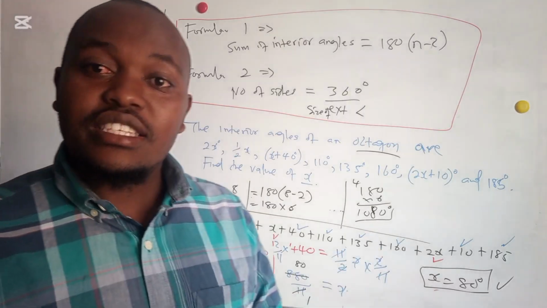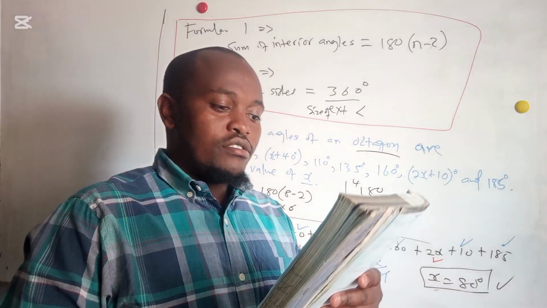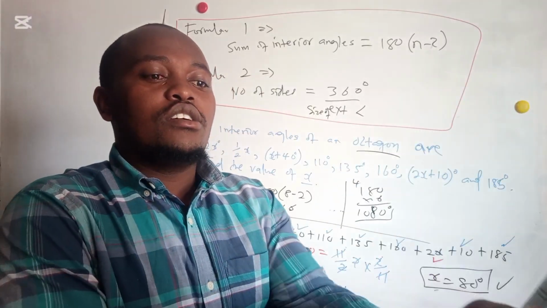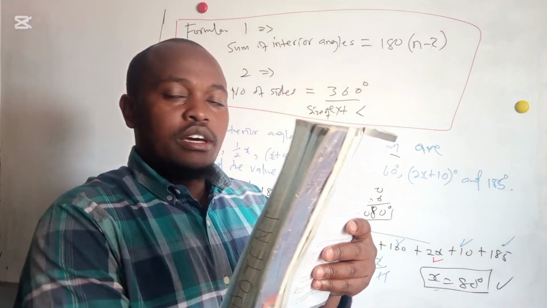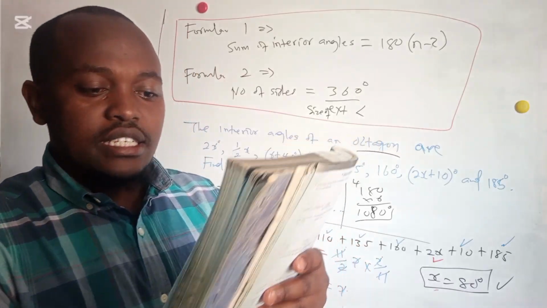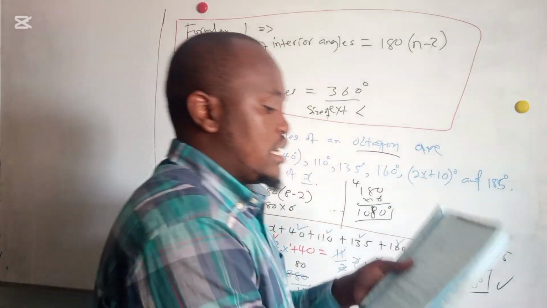You are told the sum of interior angles of a regular polygon is 1800 degrees. Find the size of each exterior angle.